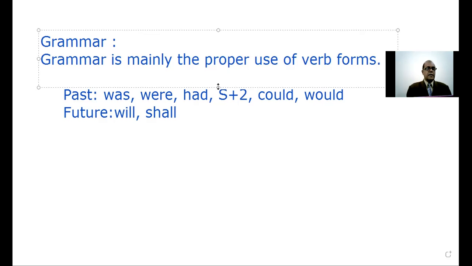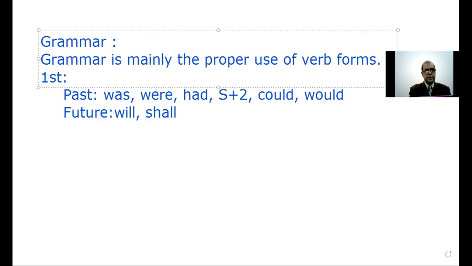Now, grammar is the most important part of the English language. Among the 24 words I often mention, for the first form, there is some sequence, some system that is followed. First form can be used without any helping verb.